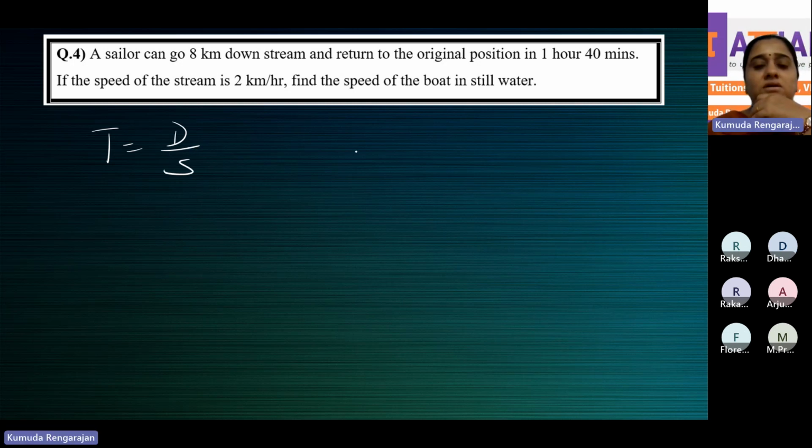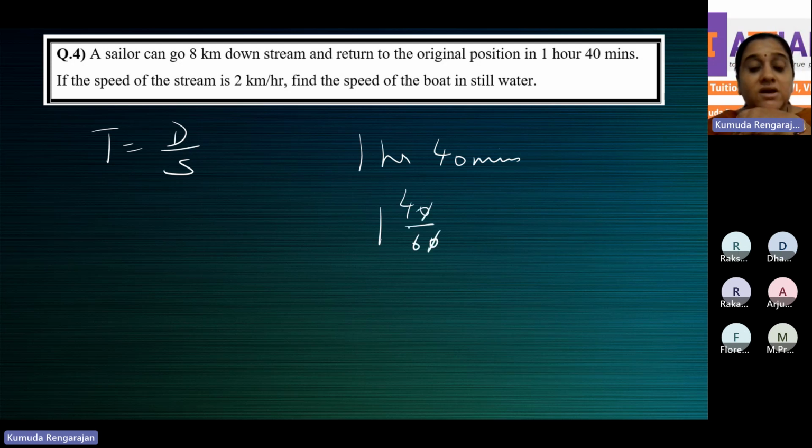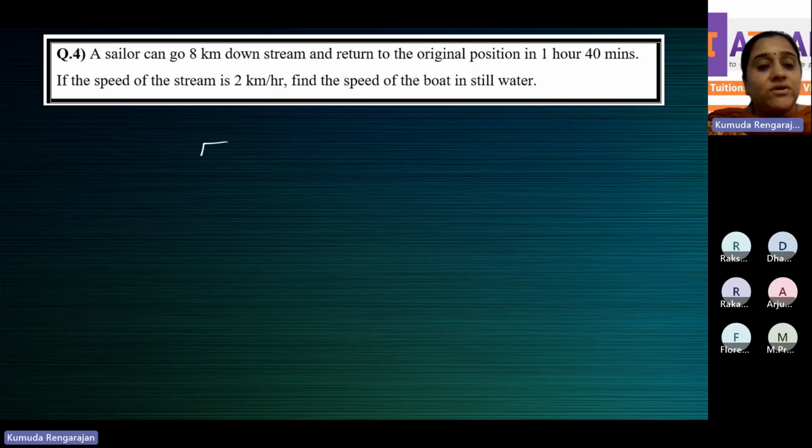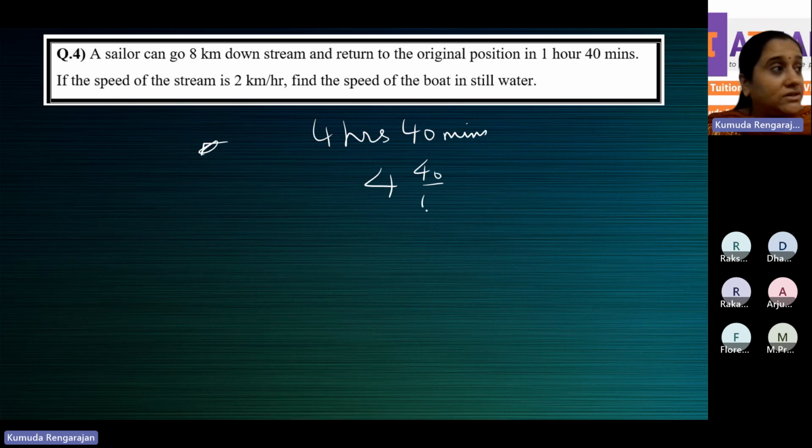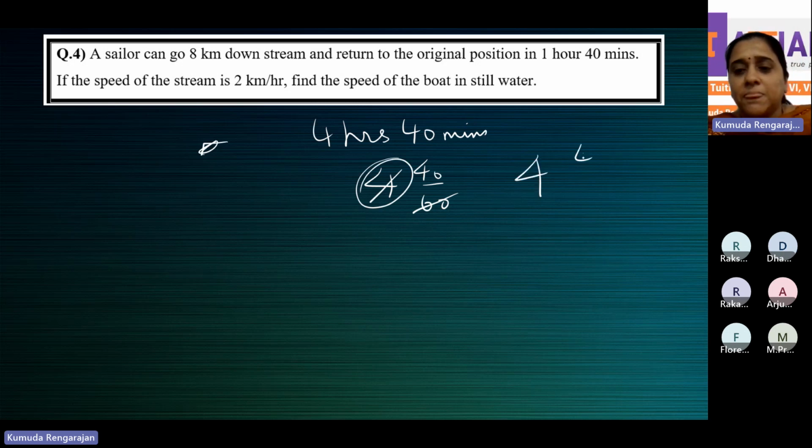And when you have 1 hour 40 minutes, this is not a shortcut, but this also works. You can write 1 40 by 60 as a mixed fraction. Supposing, children, let me tell you this one, it is 4 hours and 40 minutes. So it'll be 4 40 by 60. You cannot cancel this 4 and 60. See, it is 4 hours. Don't disturb this 4.